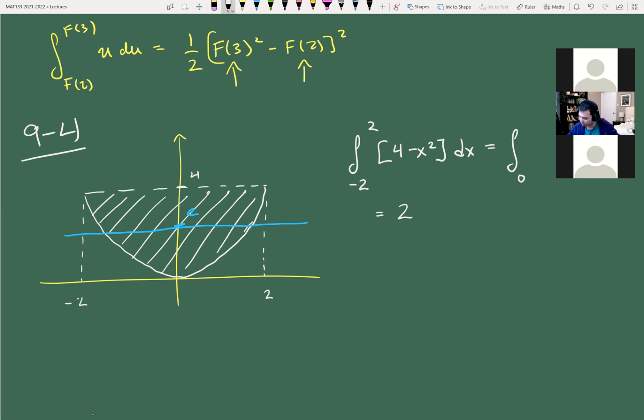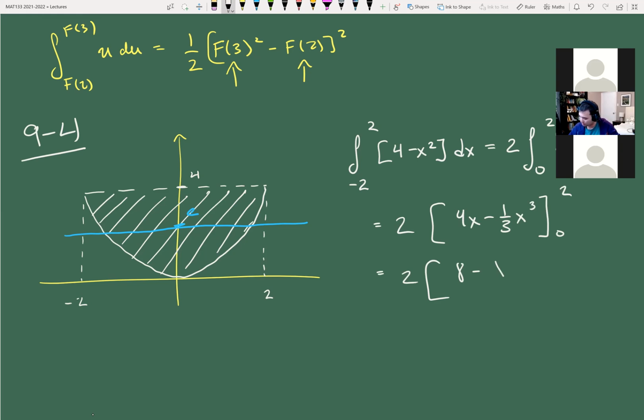I'm going to write this as the integral from 0 to 2 of 4 minus x squared dx. That's just a little bit easier. So that's going to give me 4x minus 1/3 x cubed from 0 to 2. So it's going to give me 2 times 8 minus 8/3. And what is 8 minus 8/3? 16/3. So I'm going to get 32/3 here, like that. Okay, so far so good.